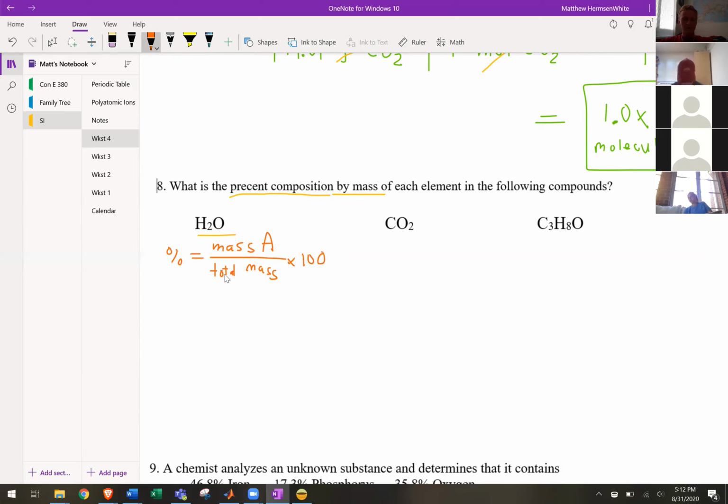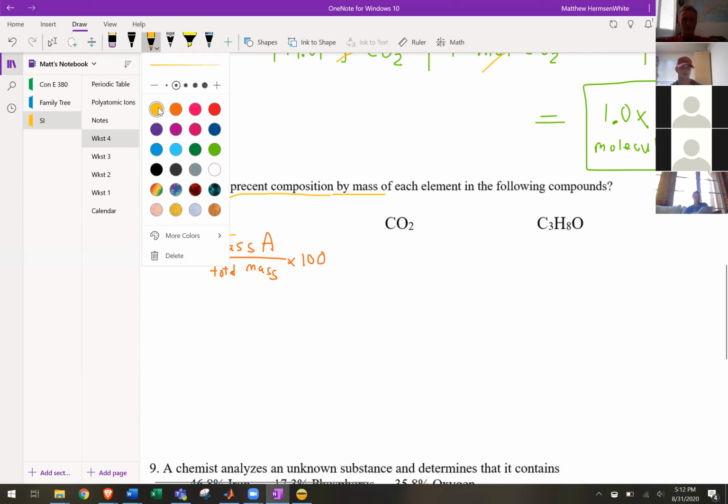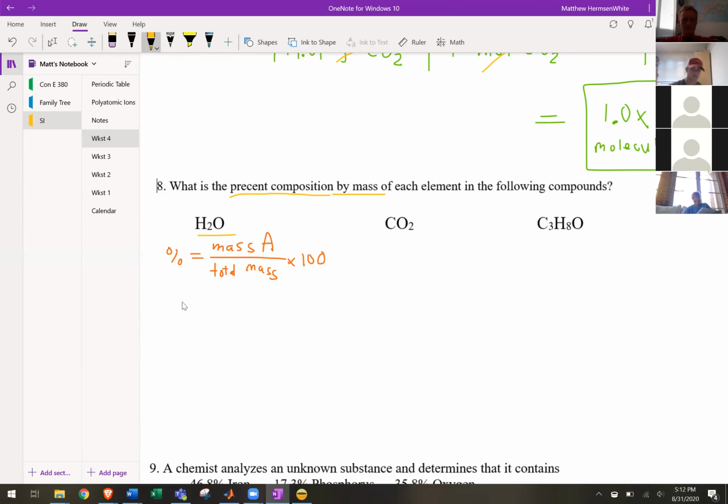And times 100 turns it into a percentage. So what we have to do is figure out what is the mass of each element here. Well, we have 2 hydrogens, and each of them has a molar mass of 1.01. So that means the mass of the hydrogen in water would be 2.02.